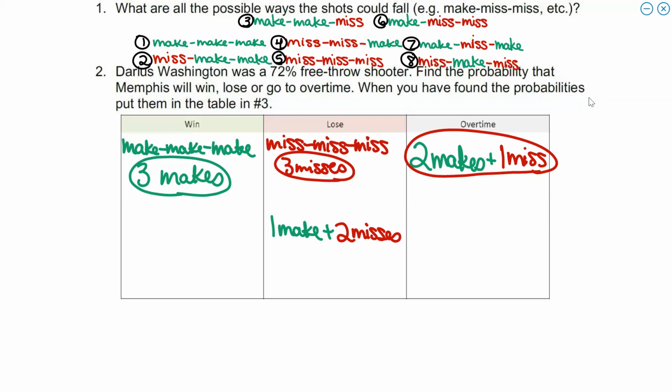This is a combination. We found that there were 3 combinations where he makes 2 of the shots and misses 1.